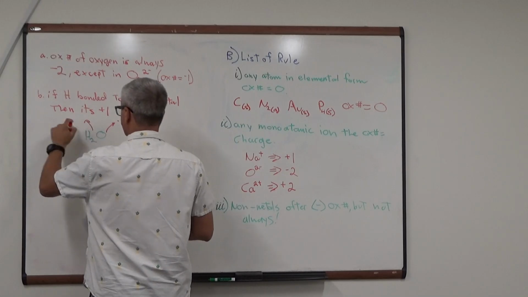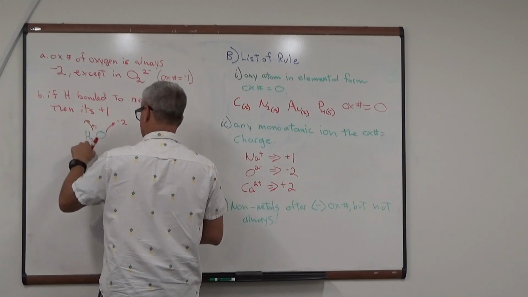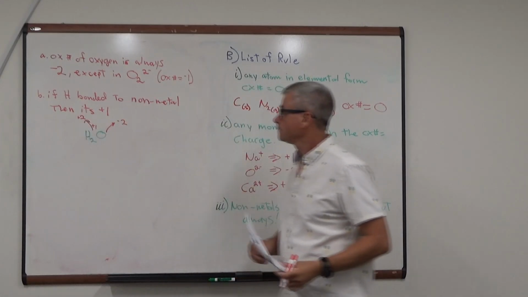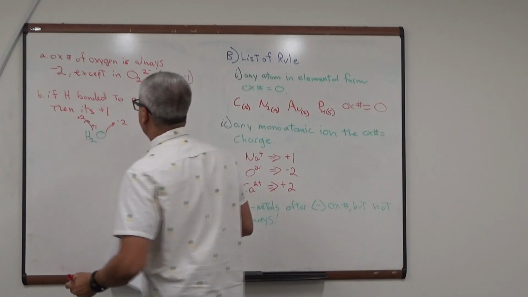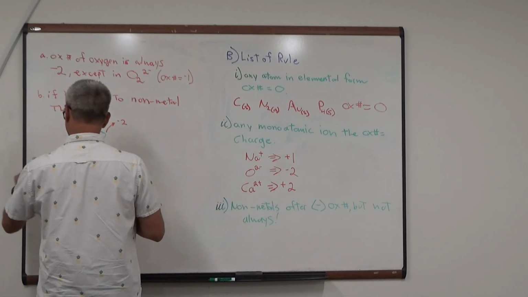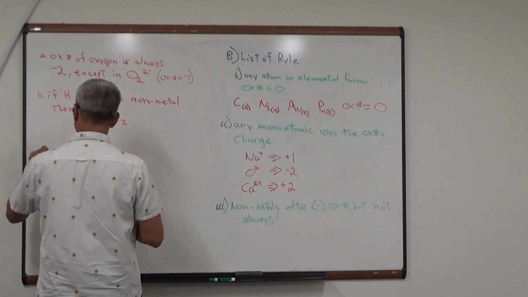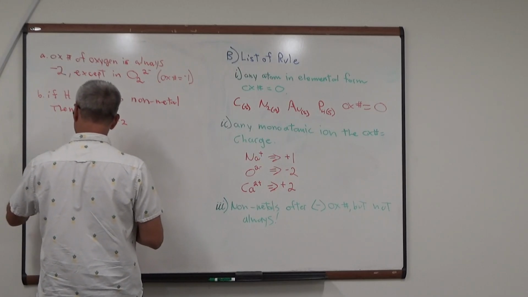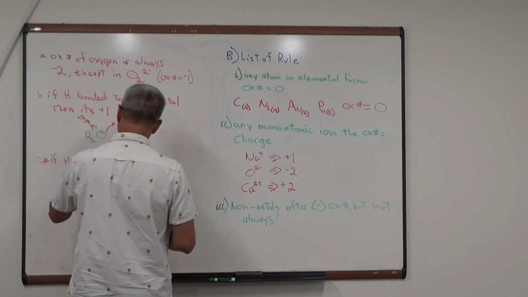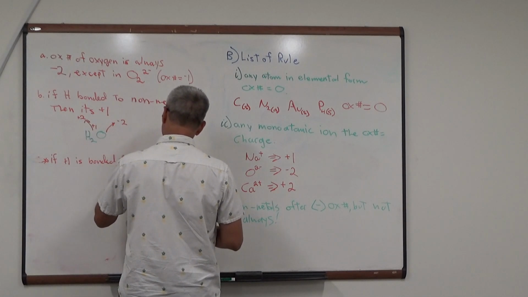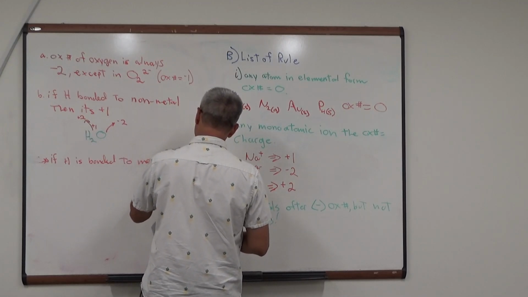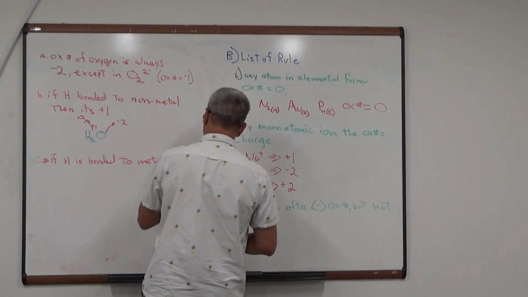Or here, this is the way I usually do it. Each of them are +1, so a total of +2. Neutral, it works. All right, and then C. Oh, sorry. Nope. If, however, H is bonded to a metal, then the oxidation number equals -1.